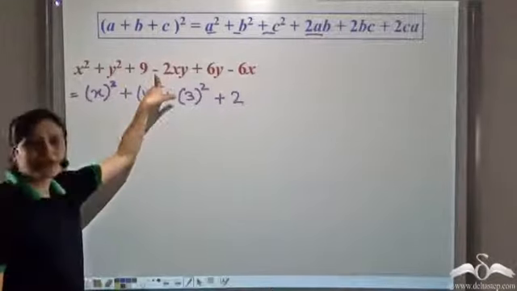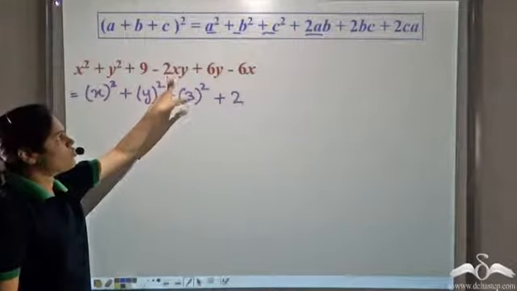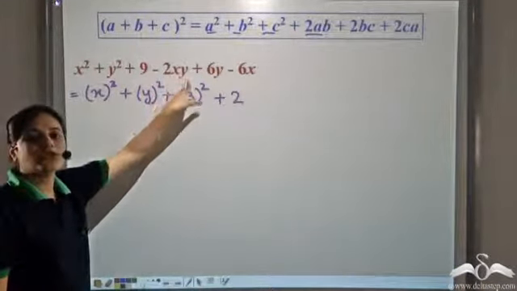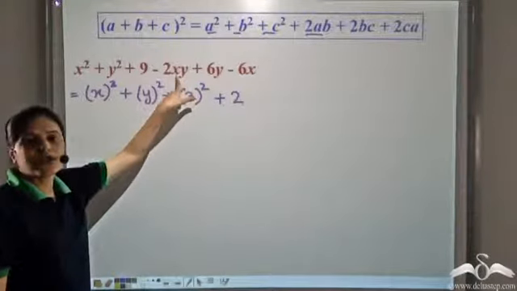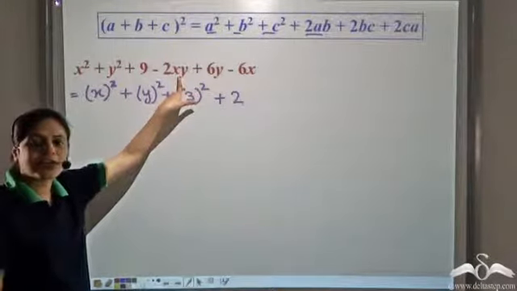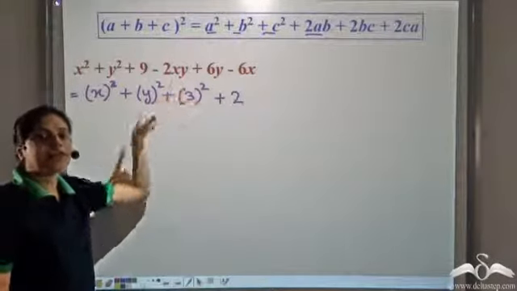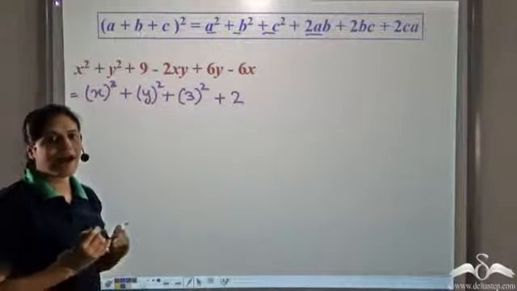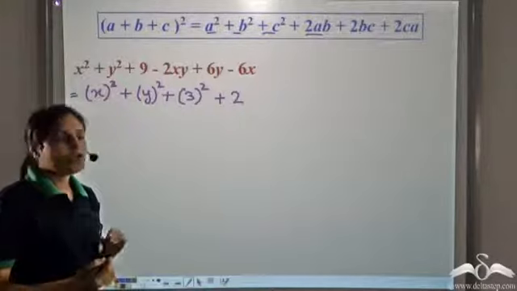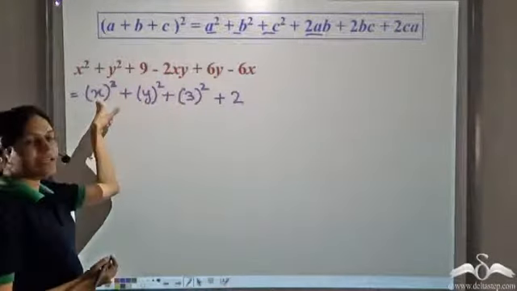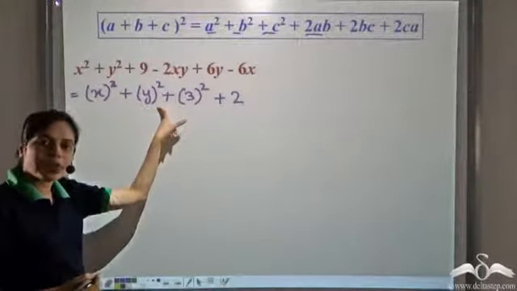Now there is a negative sign. So 2 is multiplied with 2 numbers. The product of those 2 numbers is negative. This means that one of them will be negative and the other will be positive. So the negative sign could be either with x or with y.